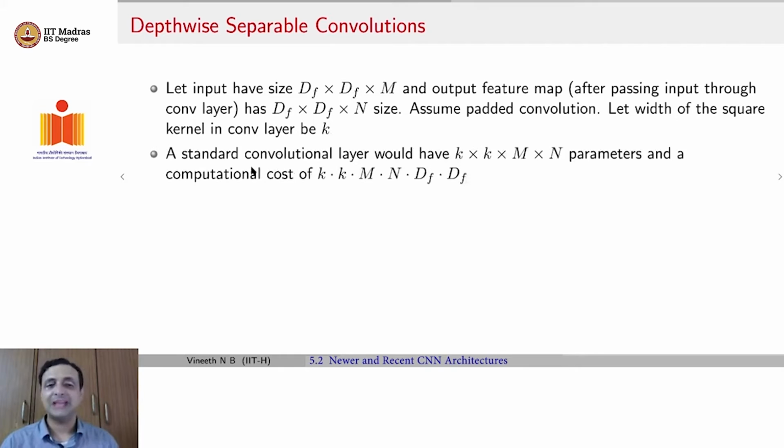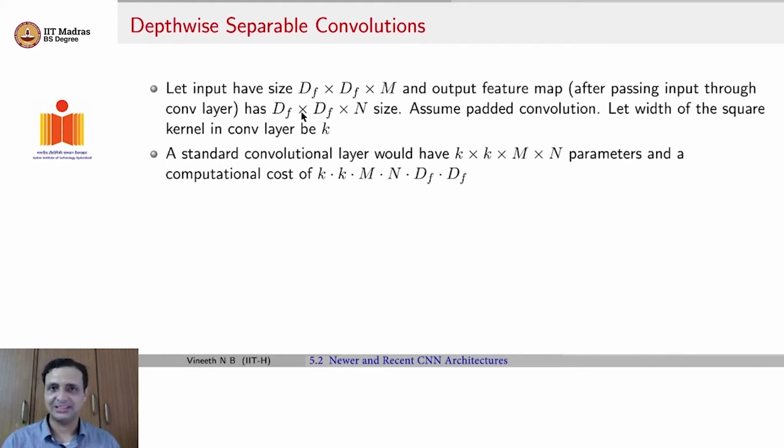In a standard convolutional layer, this would have k cross k cross m cross n parameters, because you would have k cross k for the filter size and m for the depth, and n such filters. The computational cost would be k into k into m into n into df into df, because that's the width and height of the input.